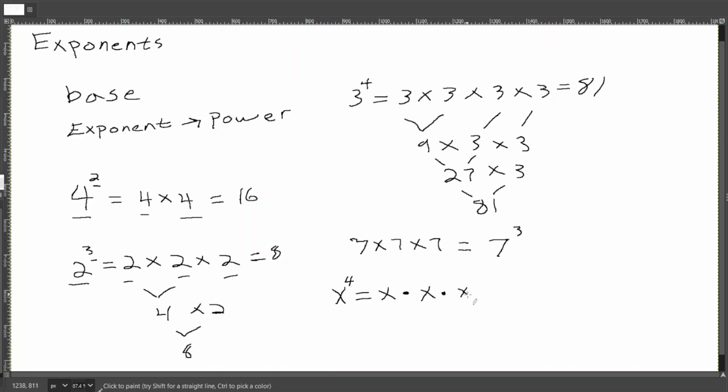So this says X times X times X. So even though I don't know what X is, and I know some of you just get bothered with this abstractness, it's just good to know that even if it's a variable, you're going to apply the same concept. So don't freak out. Just know that exponents will exist. Expanded form, exponential form.